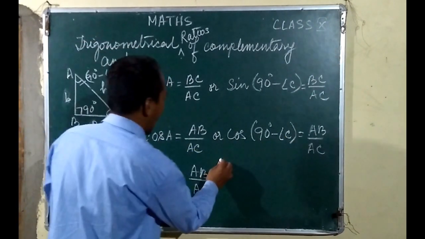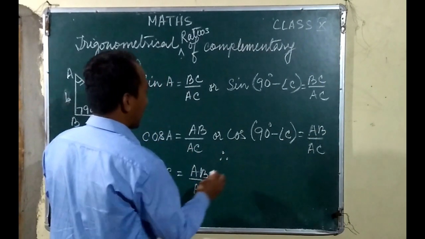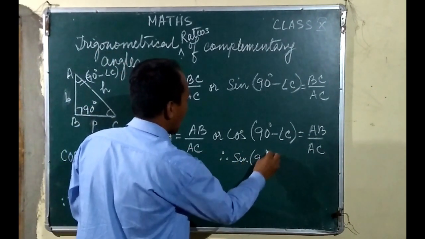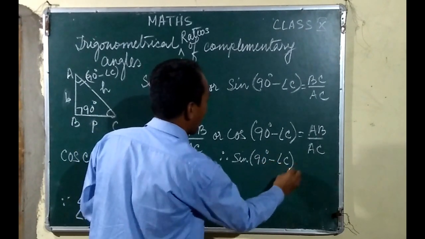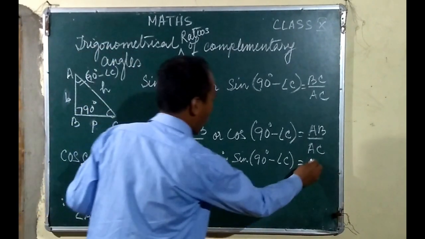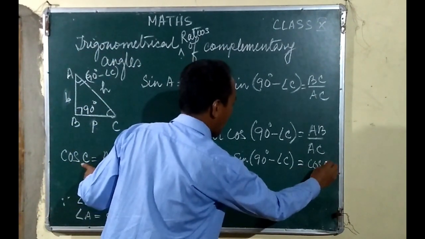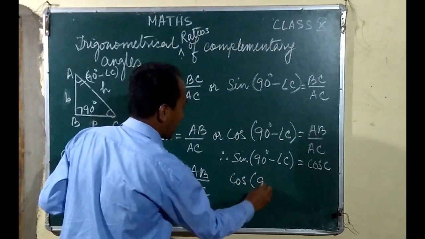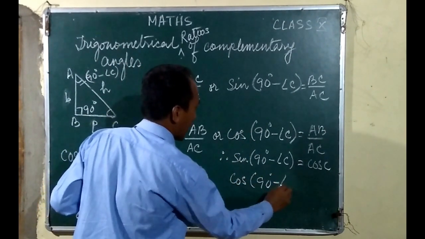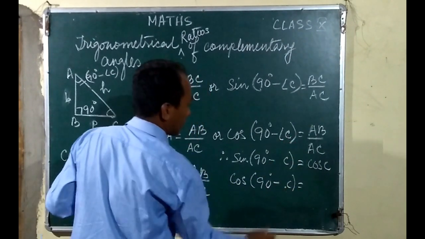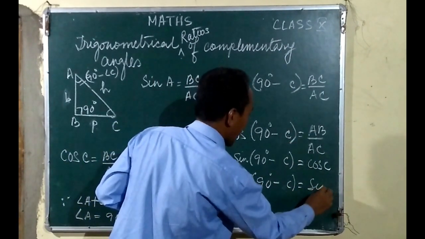Therefore we can write that sin(90 degrees minus C) equals cos C, and cos(90 degrees minus C) equals sin C.